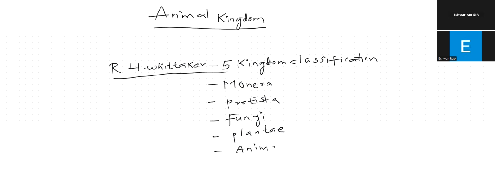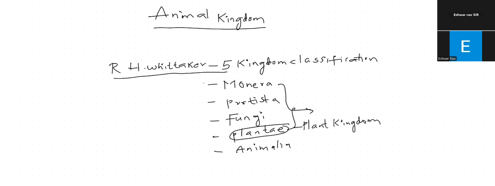So out of these five kingdoms, these four we are going to read in basics of classification, as well as about plantae, you have another chapter called Plant Kingdom, where we are going to exclusively talk about plantae. And the basis of classification, the other three are going to be covered.